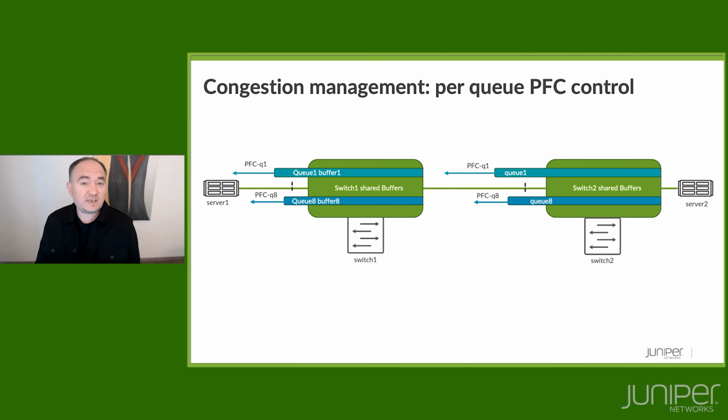The second mechanism, PFC, is actually triggered just after the explicit congestion notification, when the congestion still happens. If we trigger the ECN and ECN reduces the congestion, then sometimes the PFC is not even triggered.